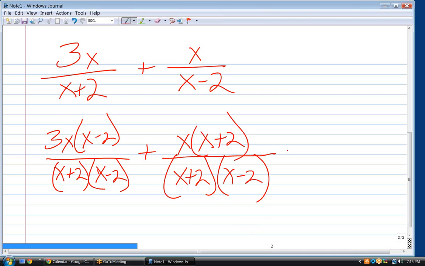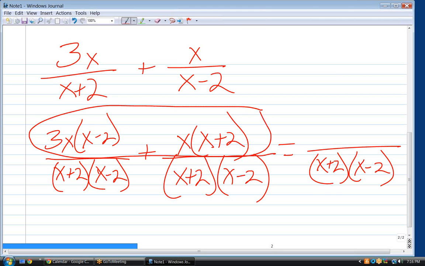Okay, so at this point, we know our answer has x plus 2 times x minus 2 in the bottom. And there is a reason I don't multiply those together. There's a possibility that by the time I figure out what that is, there will be an x plus 2 or an x minus 2, in which case I'll be able to cancel it out. Although it doesn't look like that's what we're going to get.